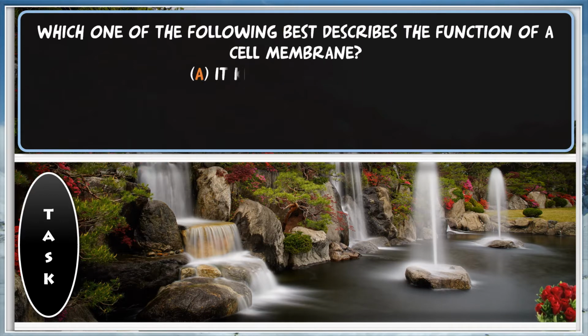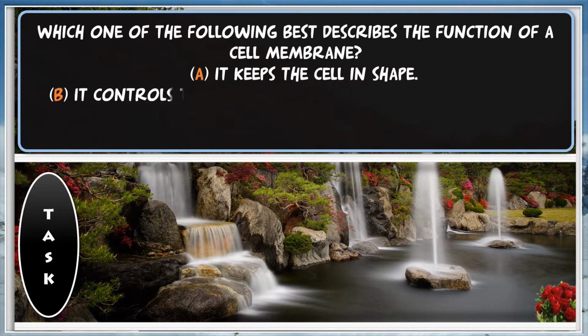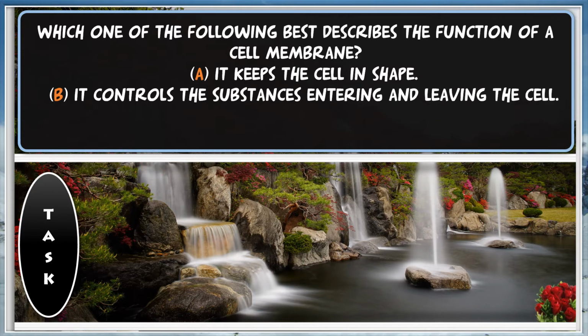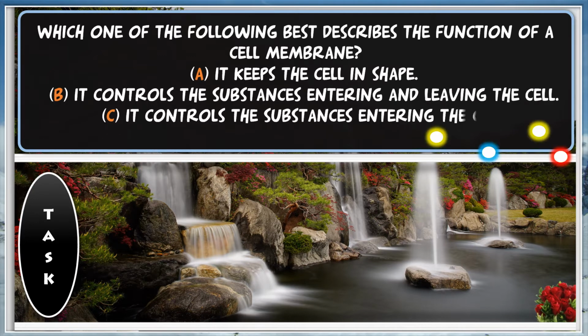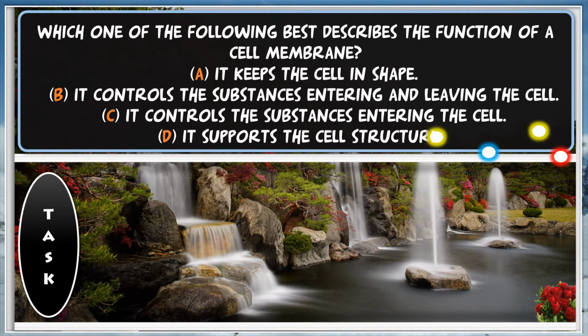Which one of the following best describes the function of a cell membrane? A. It keeps the cell in shape. B. It controls the substance entering and leaving the cell. C. It controls the substances entering the cell.